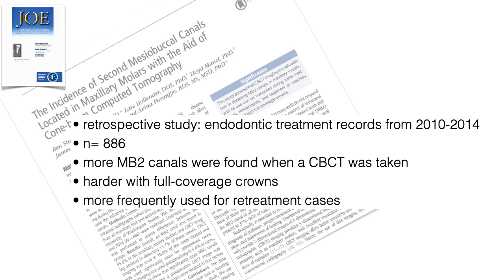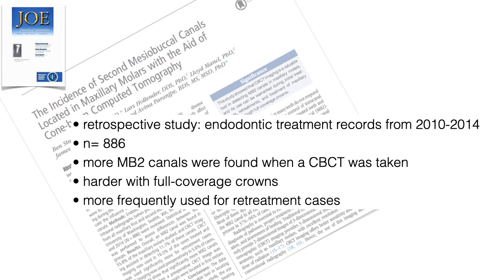This was a retrospective study, and they looked at endodontic treatment records from 2010 to 2014, and the number of upper molars that they looked at was 886. They noticed that more MB2 canals were found clinically when a CBCT was taken. It was harder with full coverage crowns, because x-rays don't go through metal, so we won't be able to see them.